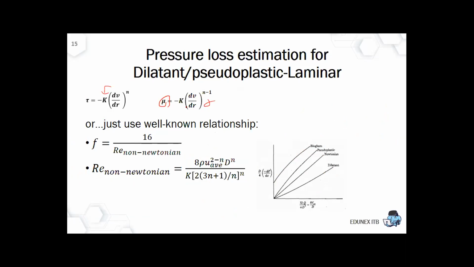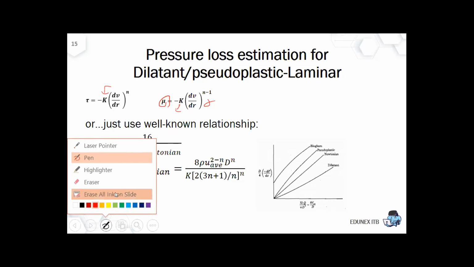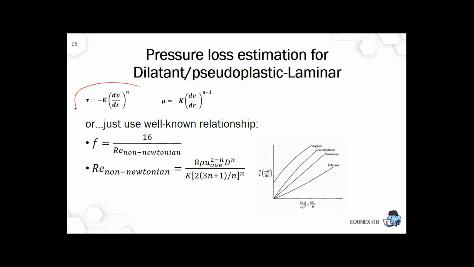So you need to take the calculation of K like this. There are two important relationships in here: this one is the basic relationship, and this one is for the measurement. So mu equals K gamma to the power n minus 1. Later on we will use it.